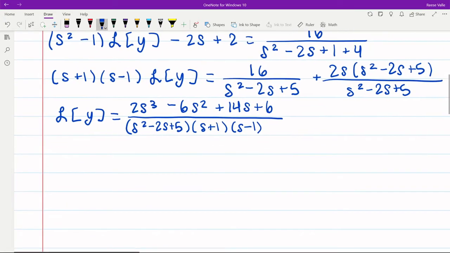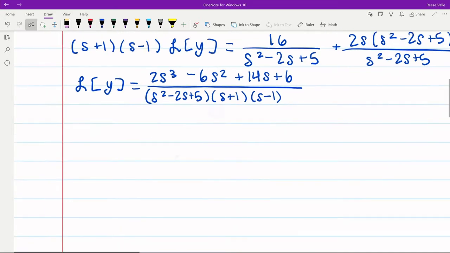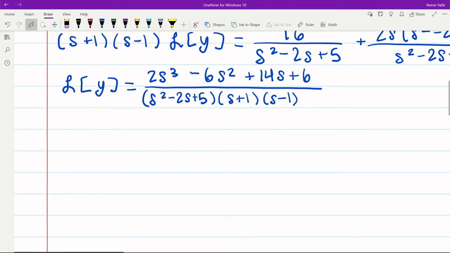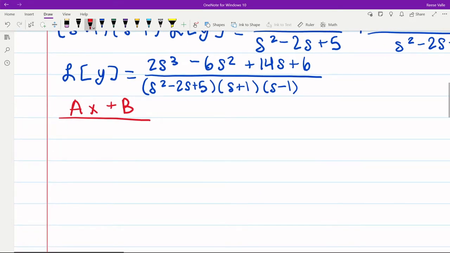And so from right here, we're going to have to do partial fraction decomposition, which is a big pain, but we'll get through it. So it's going to be ax plus b. I'm going to use x's. Just know that they're supposed to be s's. It's just easier for me to think in x's.